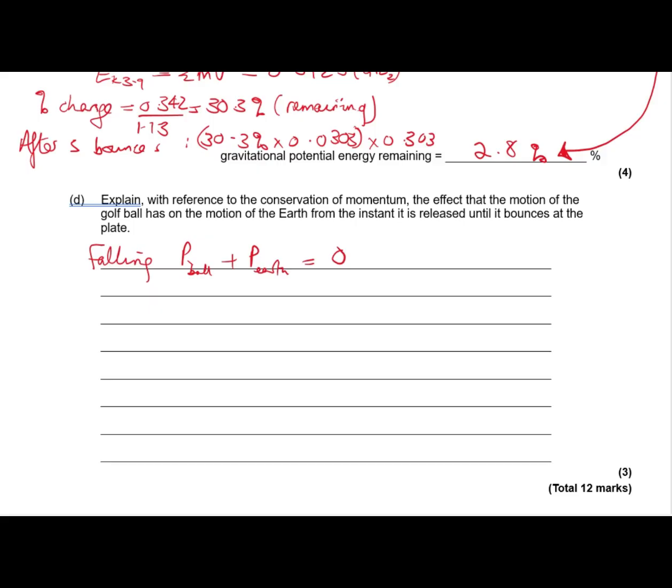So therefore, what's the momentum of the ball and the earth after? It must be zero. So when the ball hits the ground, the momentum of the ball, which is downwards, is equal to the momentum of the earth because they've got to cancel each other out, and that's going to be upwards.